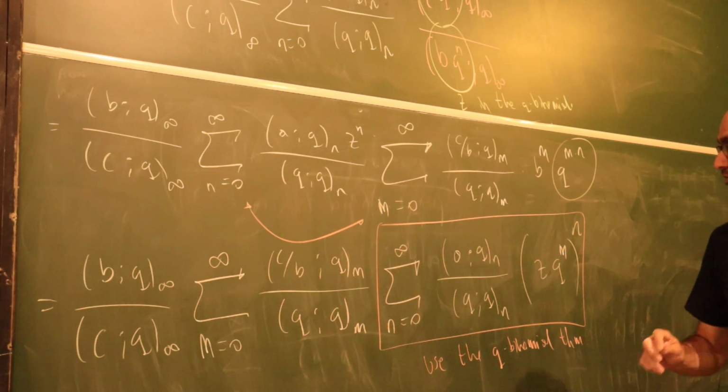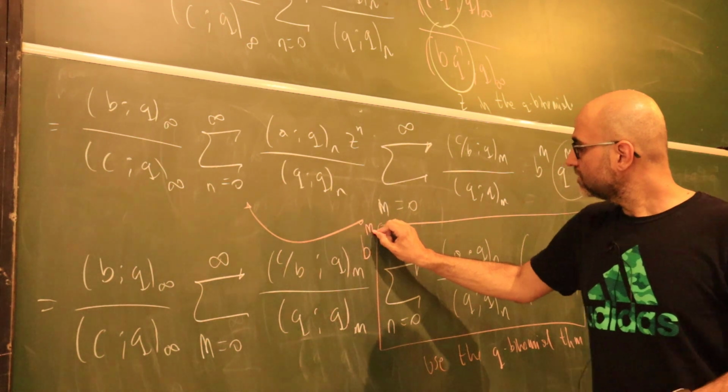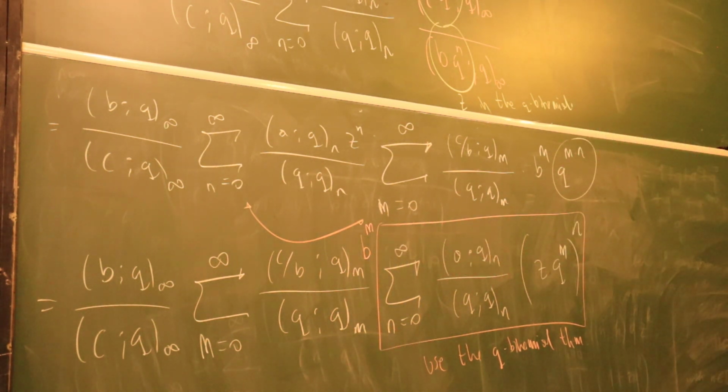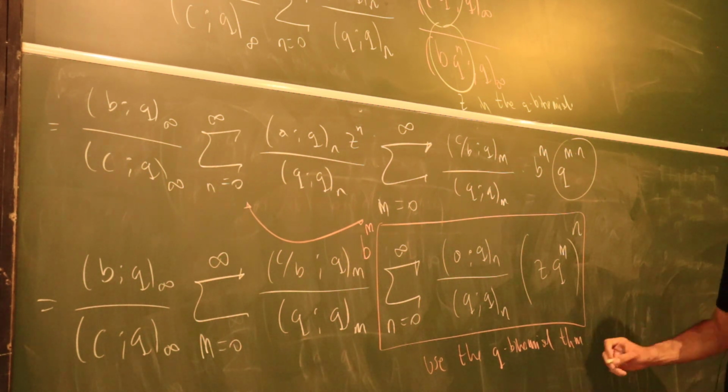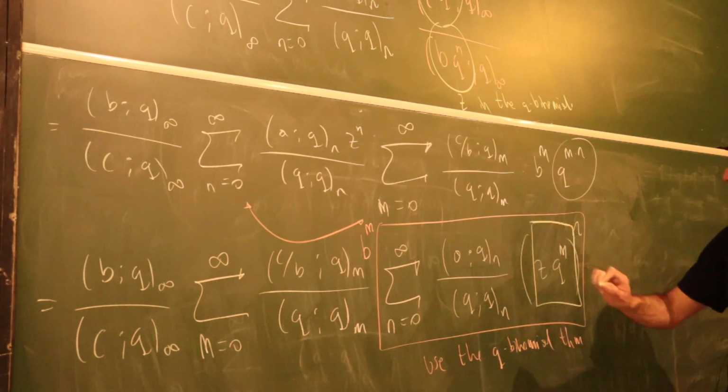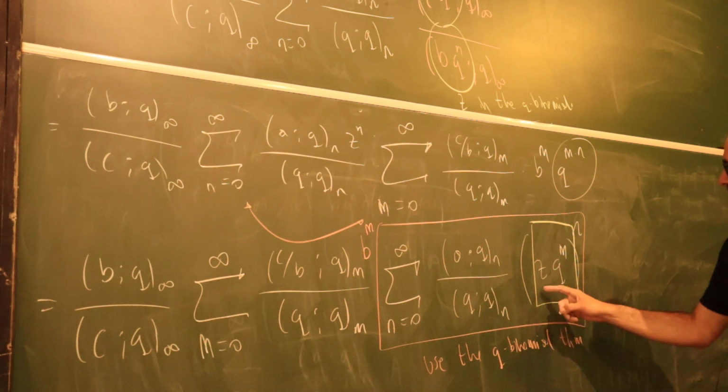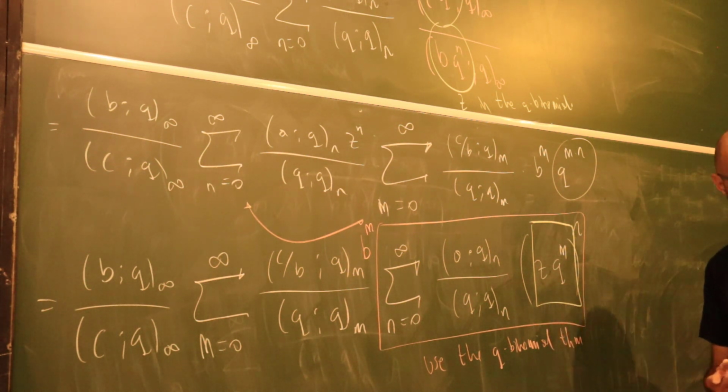Yes, you're right. Yes, thank you. So there is B to M here, yes. What else? I think we're good. Use the Q binomial theorem there. Make the connections. A plays itself, and Z is replaced by Z times Q to M.